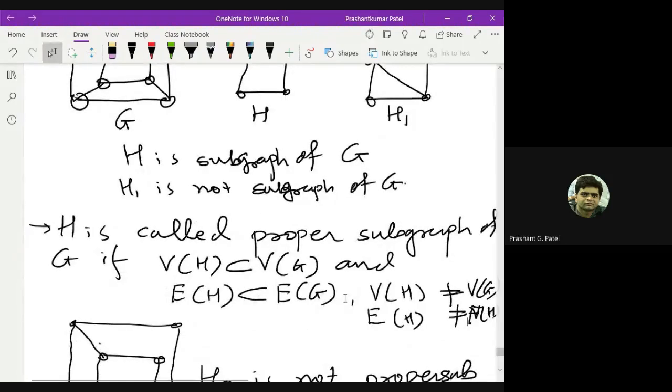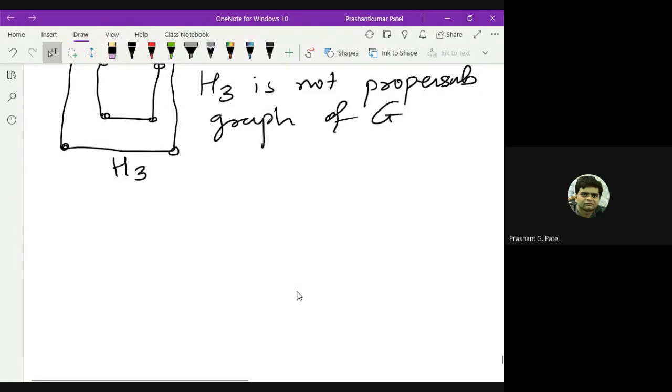This is E of H. So this is the definition of a proper subgraph. Our next definition is a spanning subgraph.